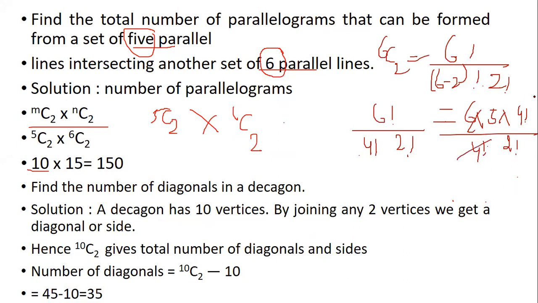I can cancel 4 factorial and 4 factorial. So 6 fives are how much? 30 divided by 2. So I get 15 as the answer. So I have 10 into 15, which will give me 150 parallelograms.